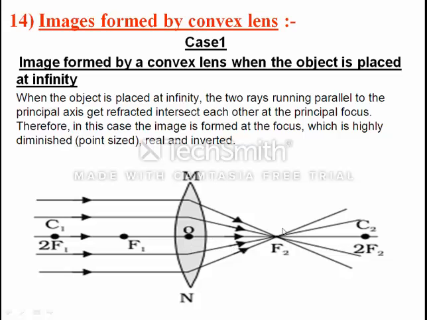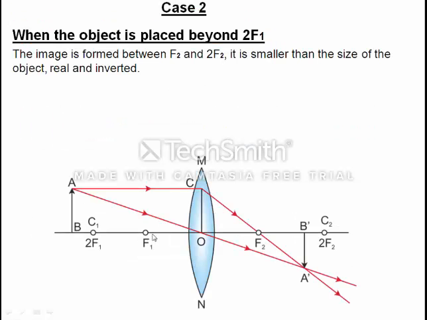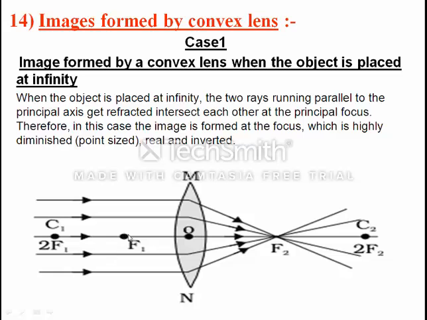So here the image is formed at the focus, or you can say at F2, because this is our F1. This is one center of curvature for this lens, and for the second side this is the second center of curvature.